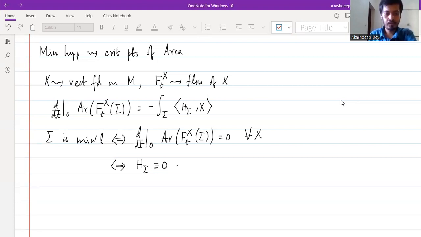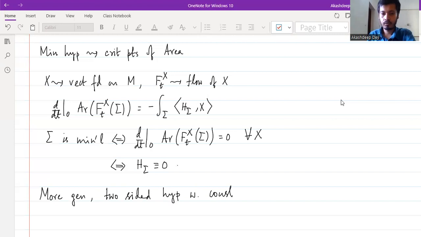More generally, one can consider two-sided hypersurfaces. Two-sided means that its normal bundle is trivial. So we can consider two-sided hypersurfaces with constant mean curvature, that is CMC.